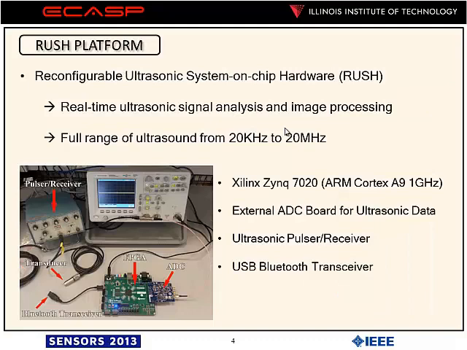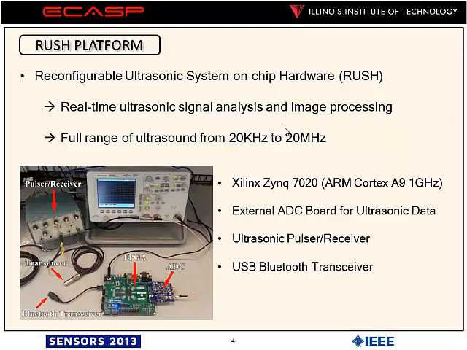This is our previous work, actually ongoing work in our research laboratory. We call this platform Reconfigurable Ultrasonic System on a Chip Hardware, aka RUSH. We have this FPGA system that can do real-time ultrasonic signal analysis and image processing with a range of 20 kilohertz to 20 megahertz.